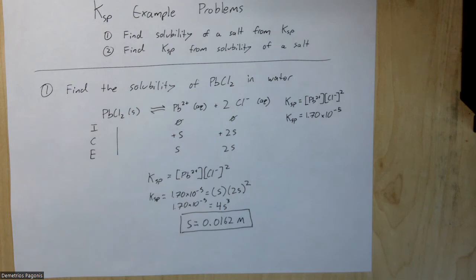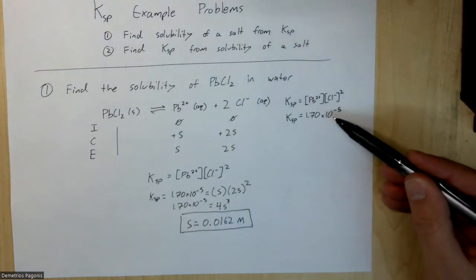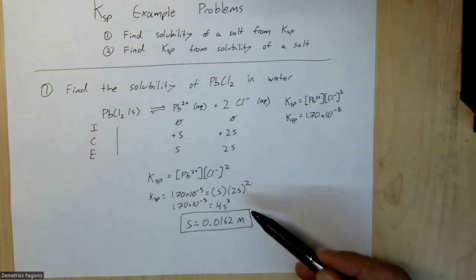The other example that we're going to work is how to find Ksp if you're given the solubility of a salt.